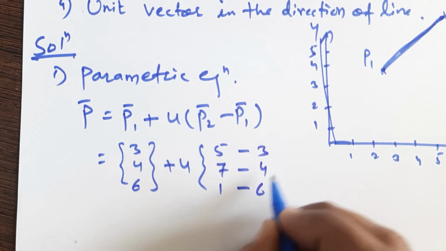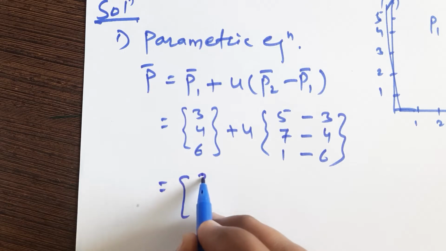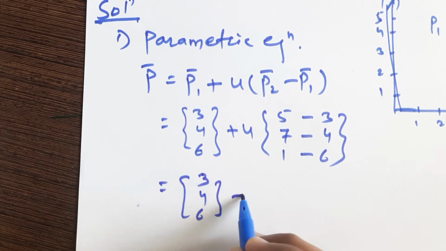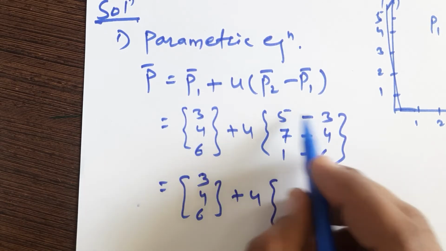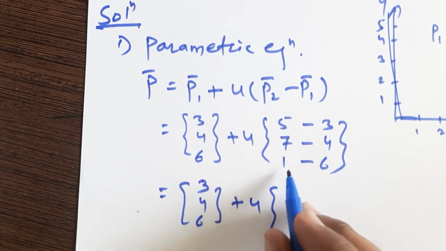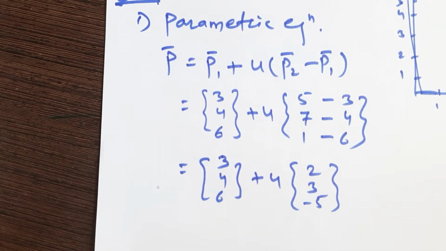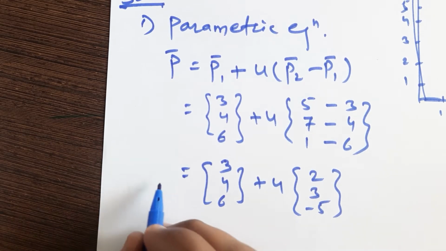If you solve it, 3 4 6 will be as it is, plus U times: 5 minus 3 is 2, 7 minus 4 is 3, 1 minus 6 is minus 5. These will be the coordinates. Now this is the parametric equation.